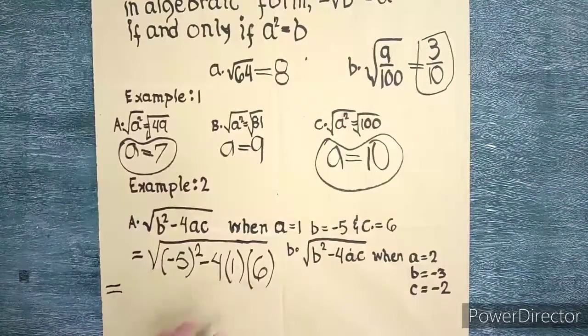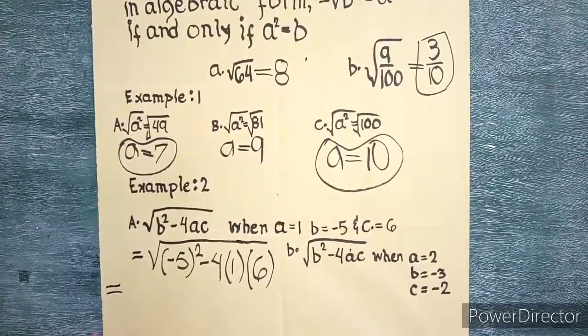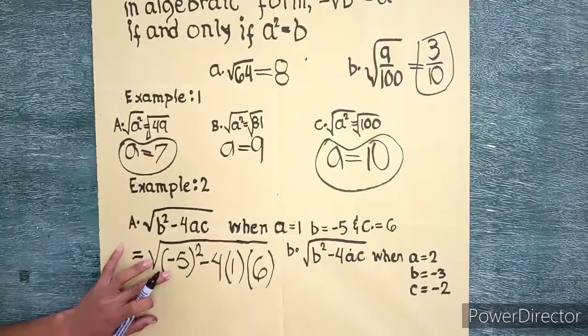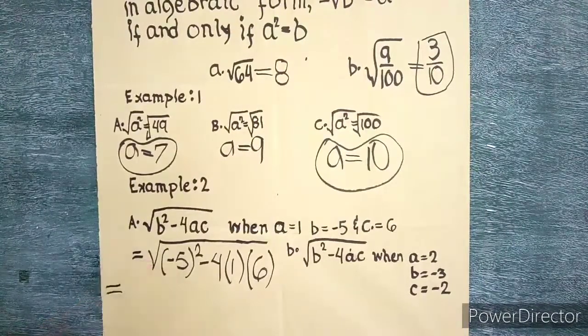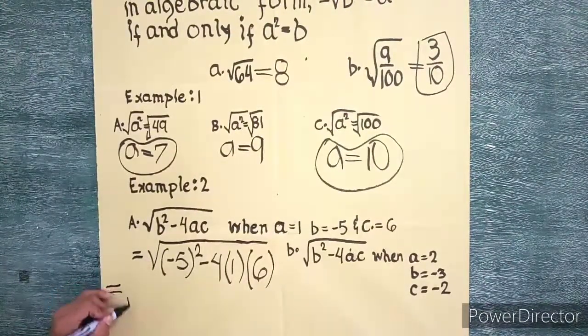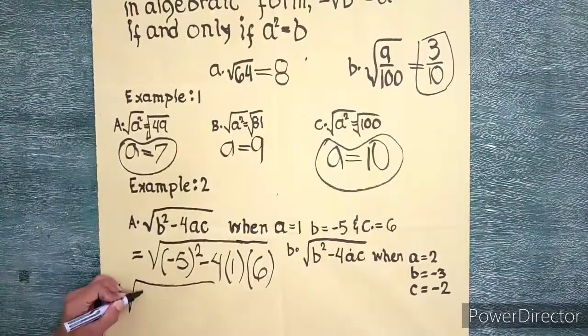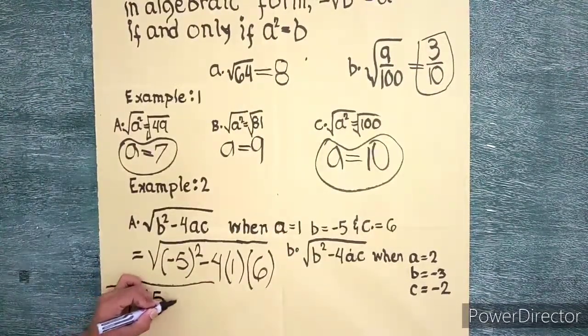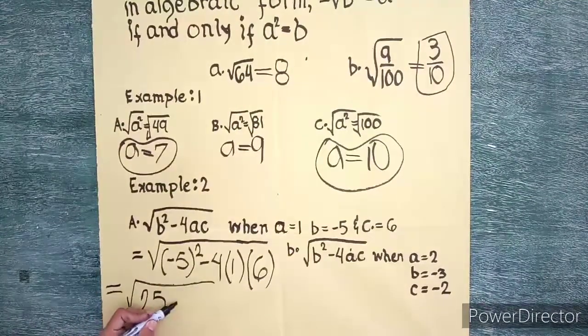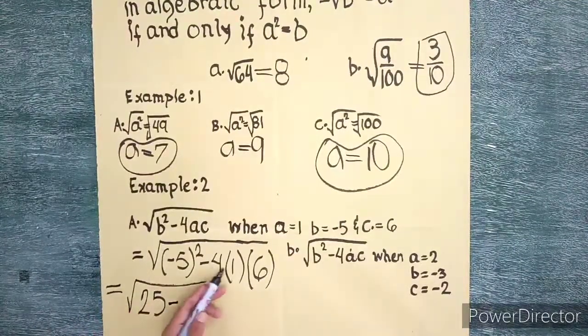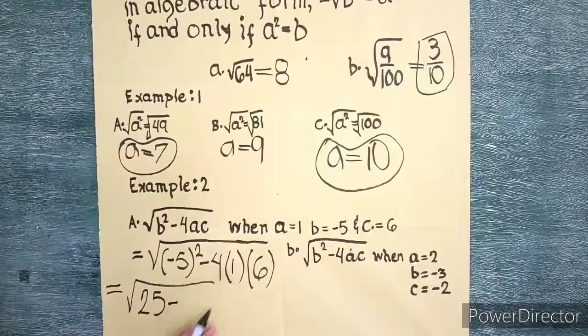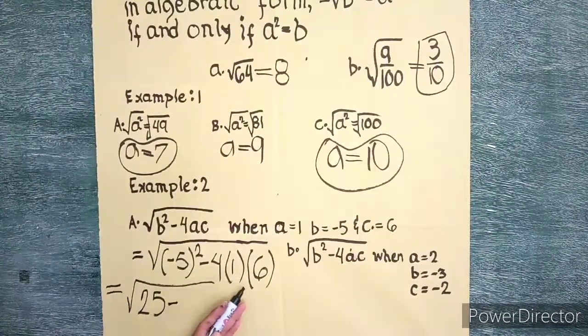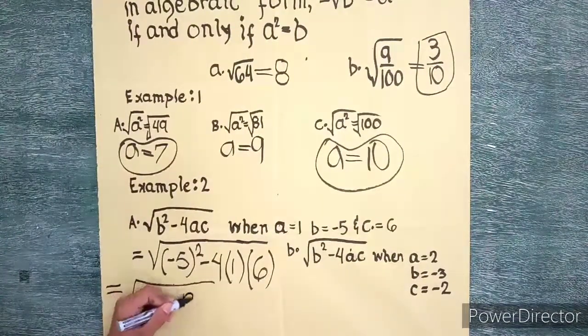And then simplifying the expression, negative 5 raised to 2, that is 25. So square root of 25. Then minus 4 times 1, it is 4. 4 times 6 is equal to 24.